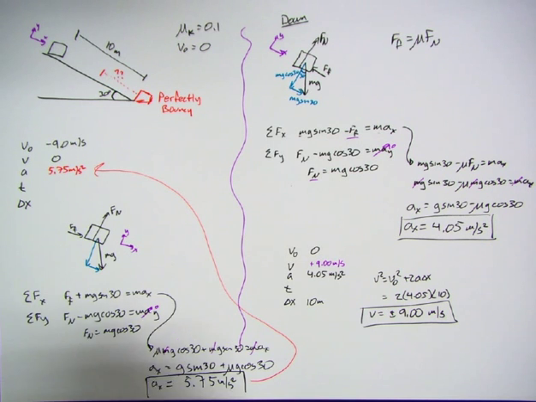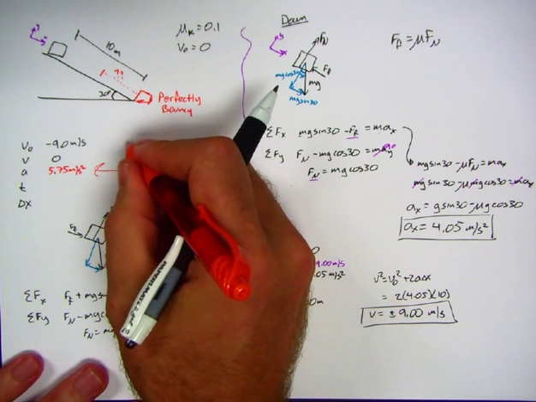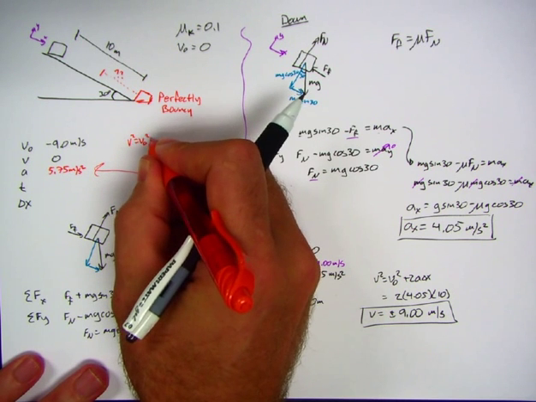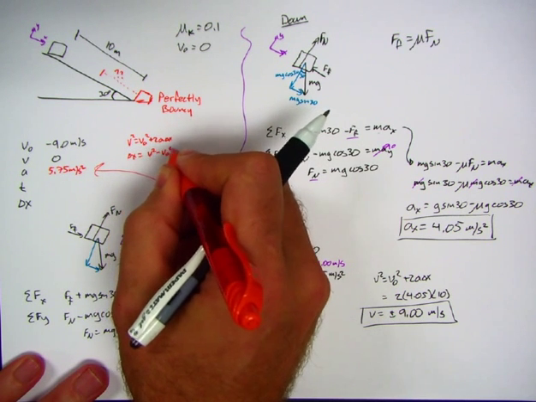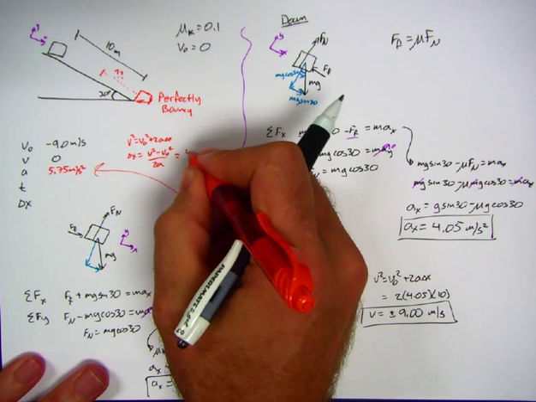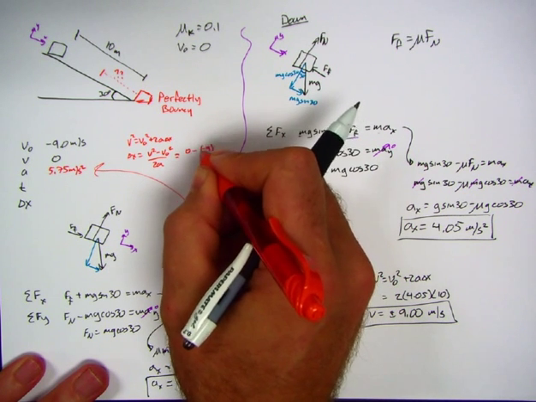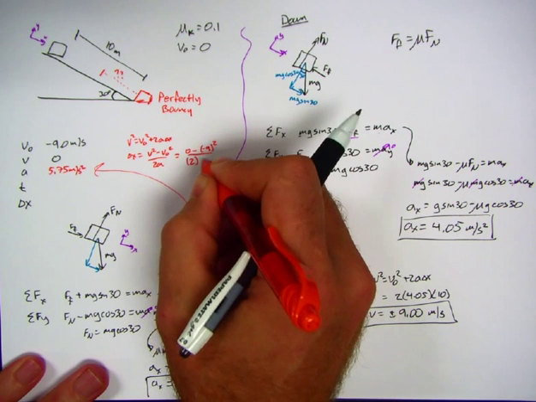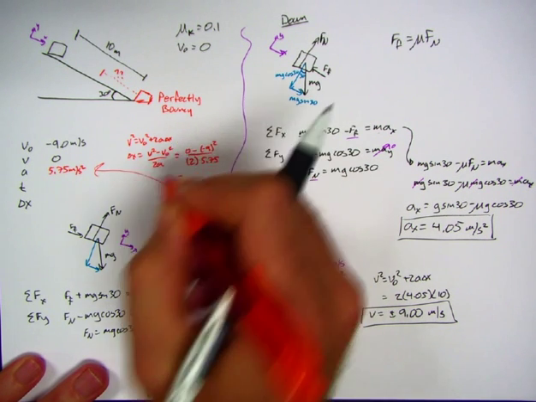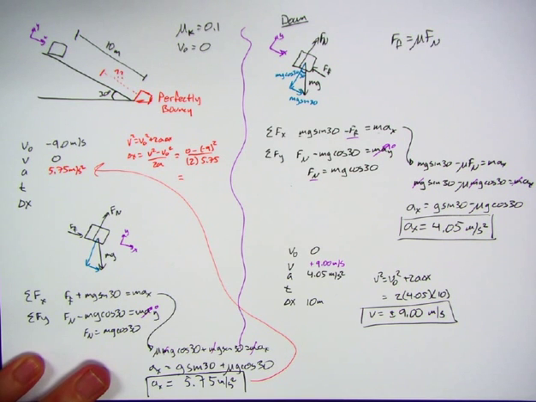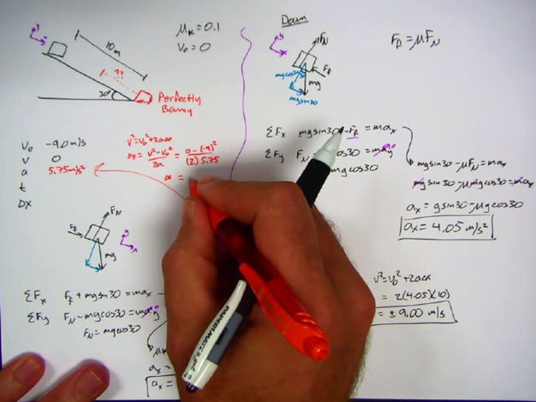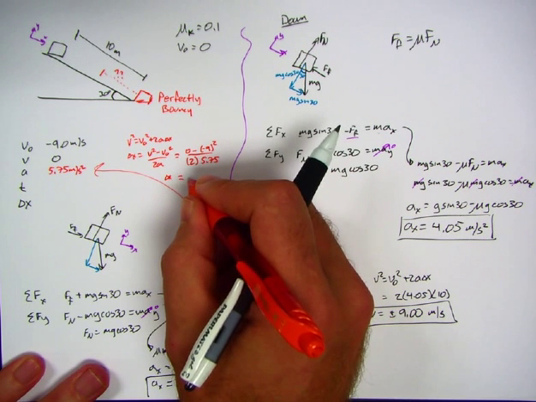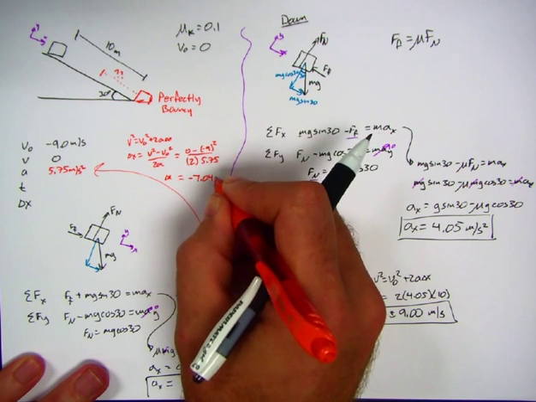And I can do a calculation using v squared equals v0 squared plus 2a delta x, or delta x is equal to v squared minus v0 squared over 2a, which means 0 minus 9 squared over 2 times 5.75, or 81 divided by 2 divided by 5.75, and I get delta x equals negative 7.04 meters.